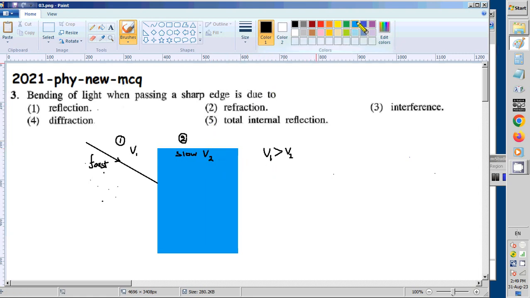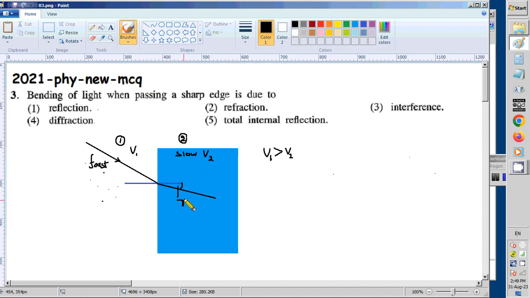Due to that change in velocity, what happens here? We have to draw a normal to the boundary at the incident point. The refracted ray, which was heading this way, turns a little towards the normal, making this angle smaller.